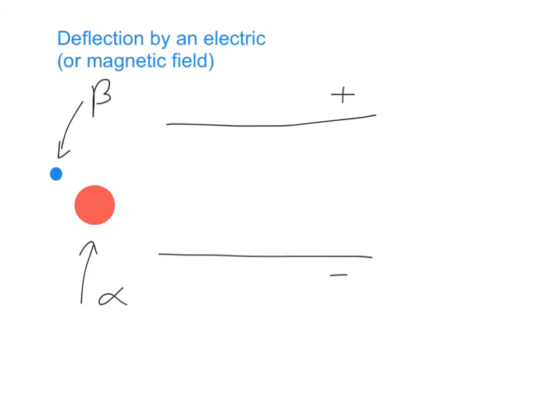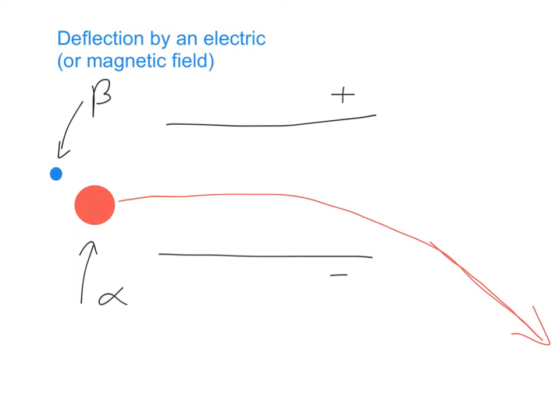Because both alpha and beta particles are charged, they are deflected, i.e. they will change direction when they enter a magnetic field. The alpha particle is positive and therefore will be attracted to the negative plate. After it's come out of the field, it will carry on in a straight line because there's no more force on it.